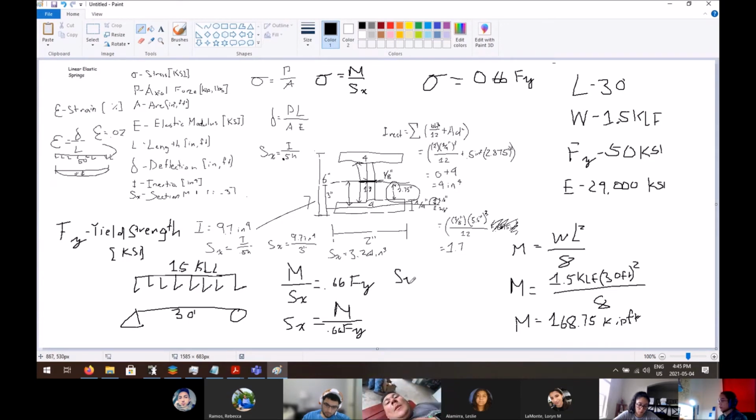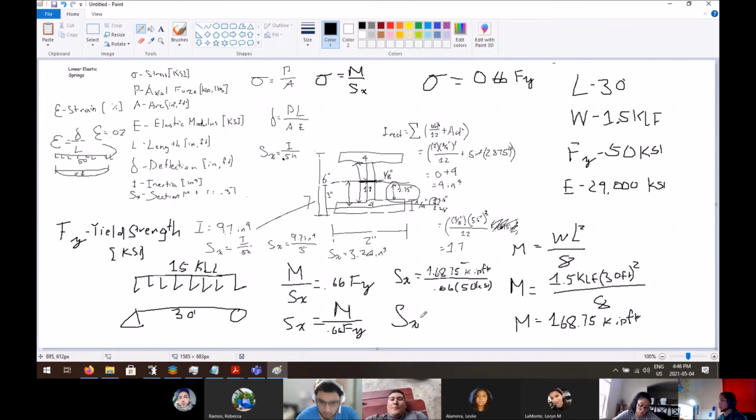Now section modulus is equal to this number. I'm writing that out. This number right here, 168.75 over 0.66, and our yield strength was 50 KSI.